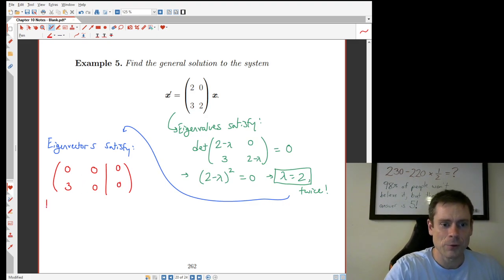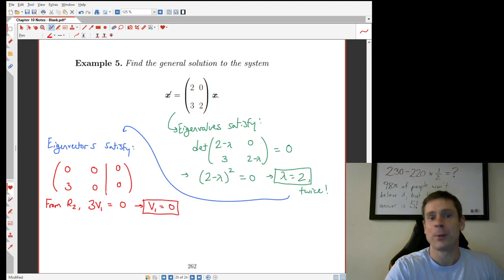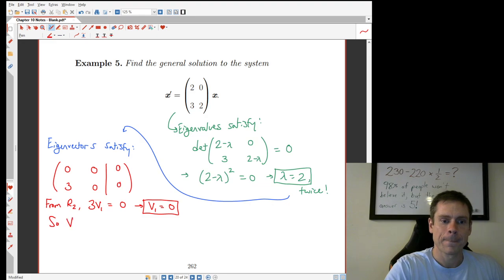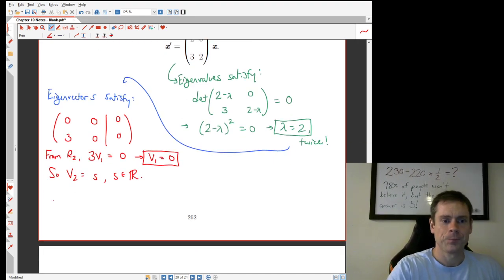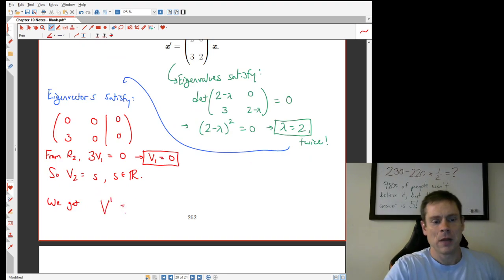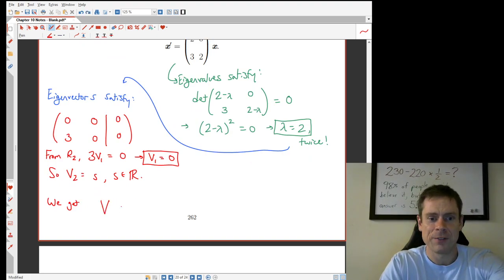So, from row 2, 3v1 equals 0, and that forces v1 to be 0. But that means that the free variable has to be v2. So v2 is equal to s, where s is some real number. And we get an eigenvector. I'm just going to write v because we're only going to get one of these v's.